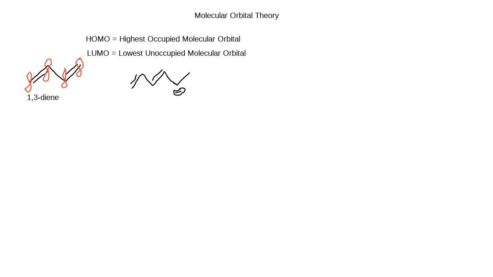Now we're going to get into the bulk of what molecular orbital theory is. And again, we're going to use our model molecule 1,3-diene, okay? And I want you guys to understand a couple main things that you want to figure out when solving the molecular orbital theory. First of all, how many carbons are in conjugation.